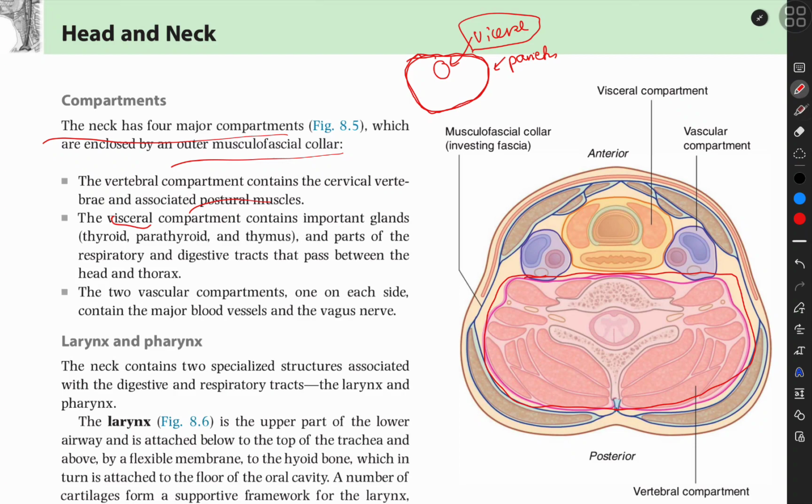The visceral compartment contains important glands: the thyroid gland, parathyroid gland, thymus gland, and parts of the respiratory and digestive tracts that pass between the head and the thorax. Two vascular compartments, one on each side, contain the major blood vessels and the vagus nerve.